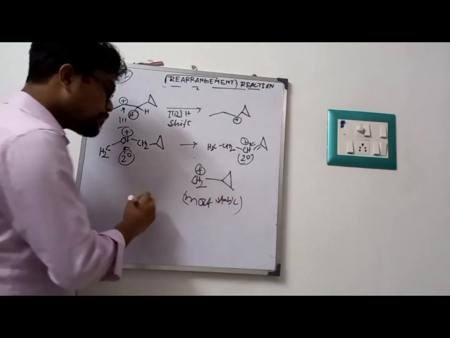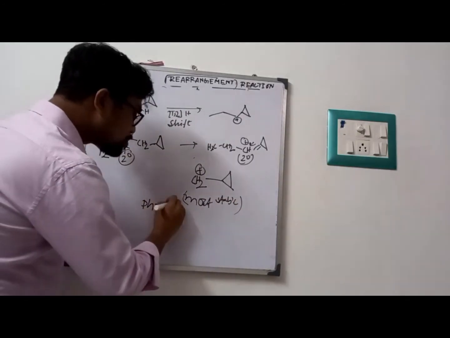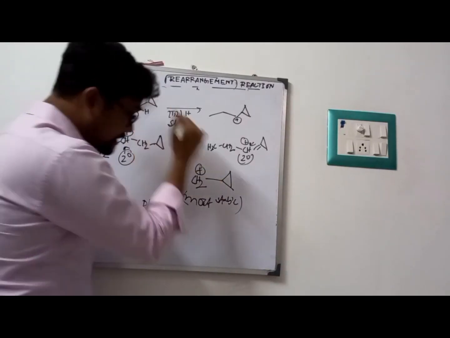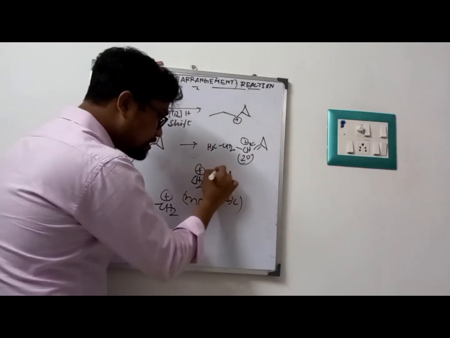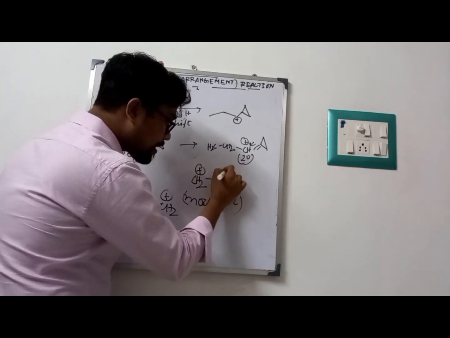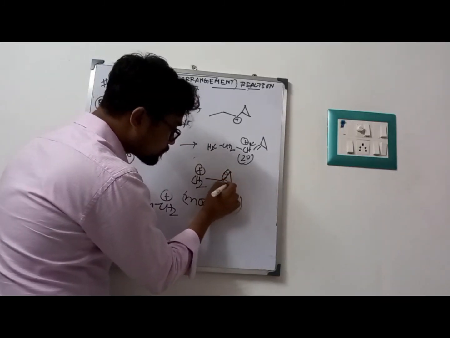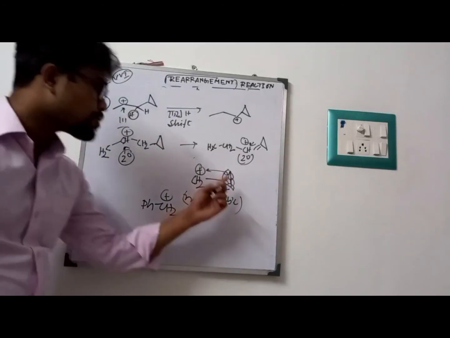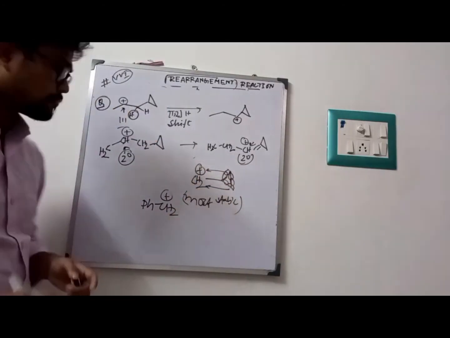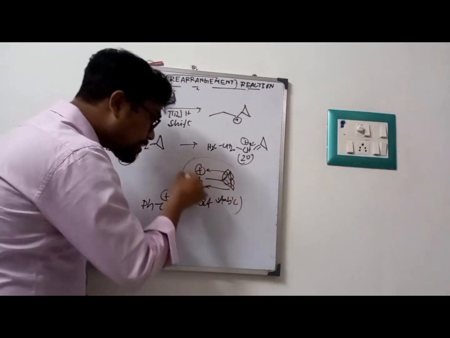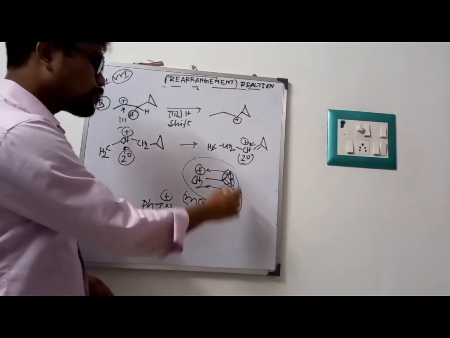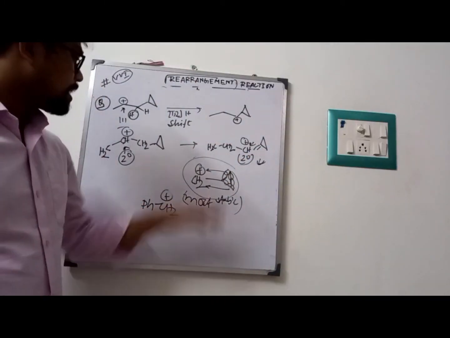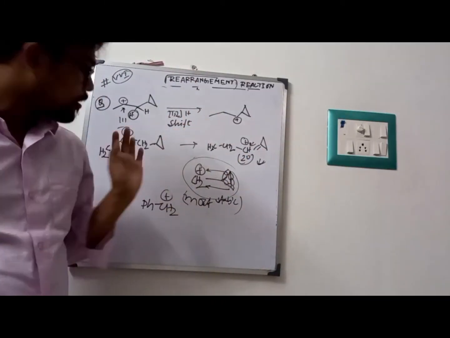If I compare with this benzylic carbocation, PhCH2 plus, this will become more stable because, I have taught you, there is a banana bond. Electron donation occurs in this way. This is why this carbocation is more stable. That is why this rearrangement will occur. Fine. Write it down properly. Okay. Fine.